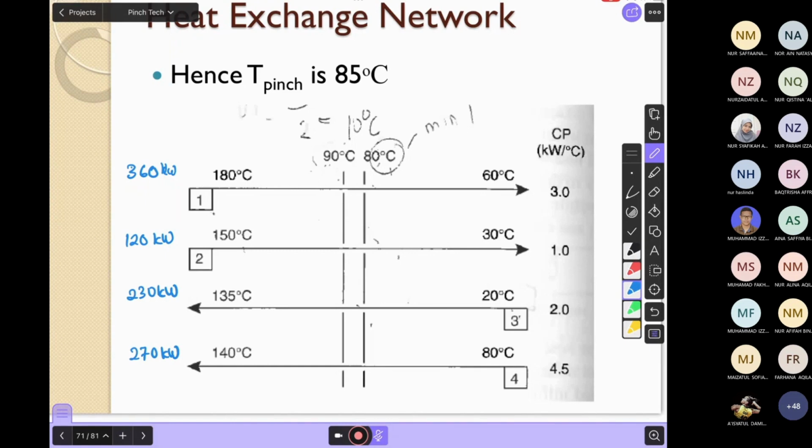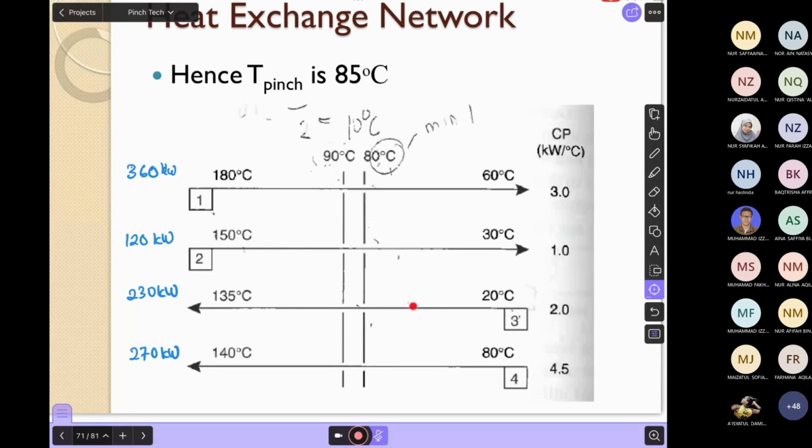You can make choices. It must be one hot stream and one cold stream. Look at the differences that we have. Look at this hot stream, 150 to 30 degrees. The energy required is only 120 kilowatt.